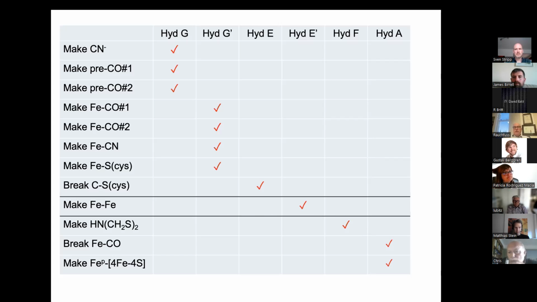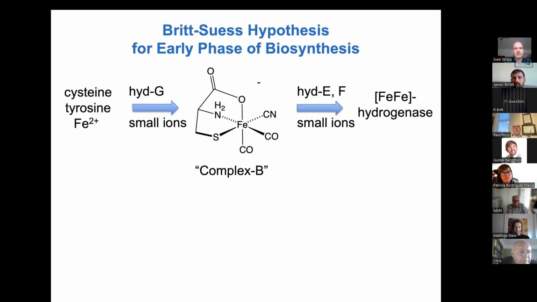And then we have to slough off 1 CO and attach the final cubane. So this is the hypothesis that we started with, the Britt-Seuss hypothesis, we call it.